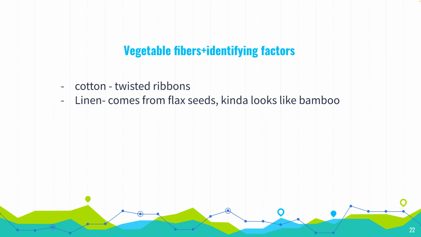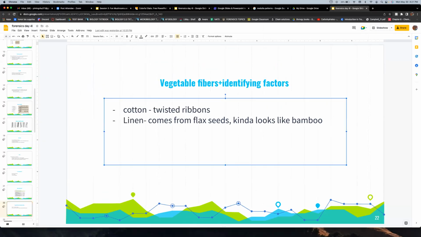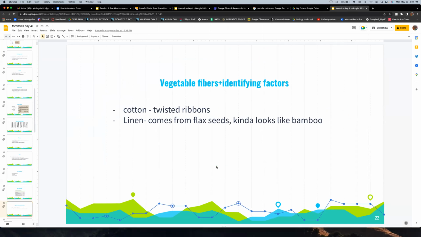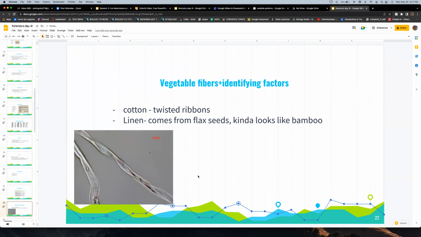Here is a picture of cotton, and as you can see, it looks like a twisted ribbon-y thing.